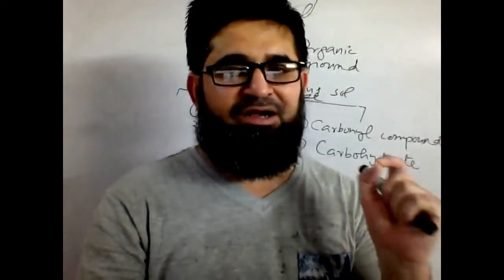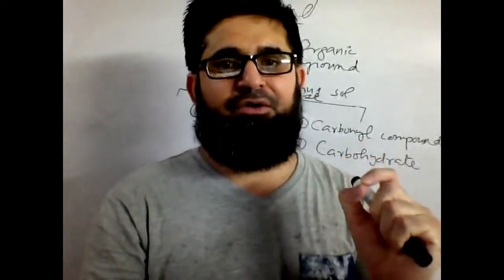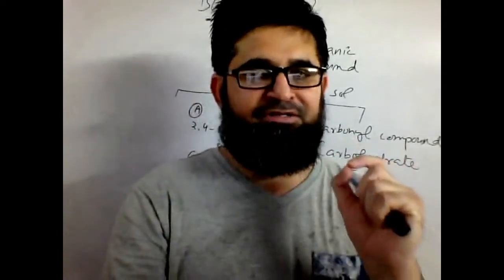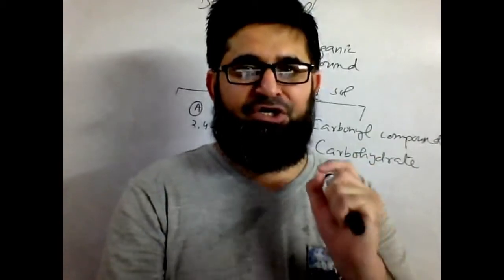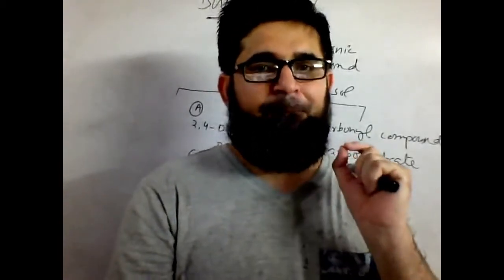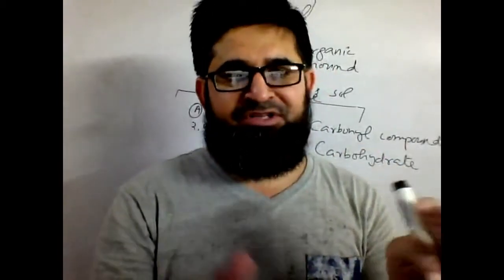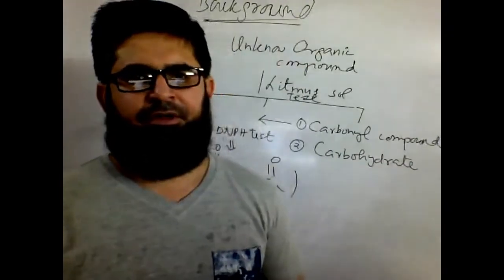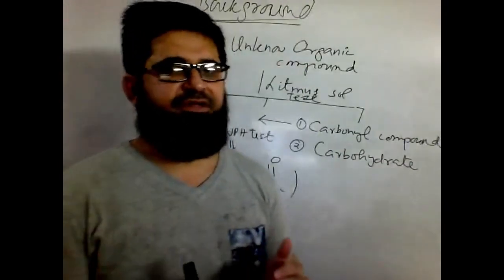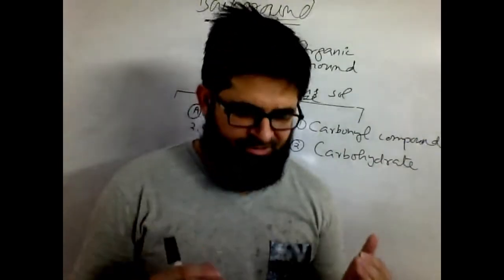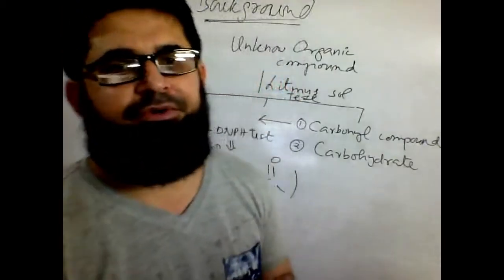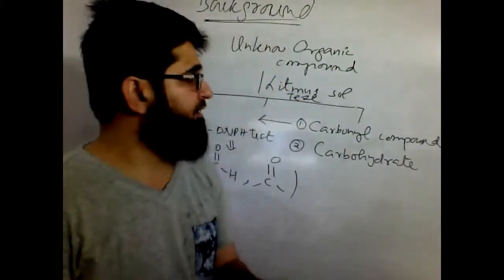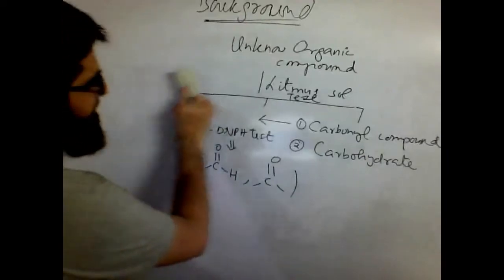Aldehydes only undergo reaction with the Tollen's reagent. What is the mechanism behind that test? What happens inside the flask, inside the test tube? That's what I'm going to explain. Tollen's test is only for the aldehydes.